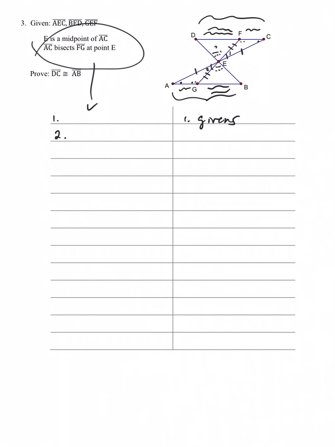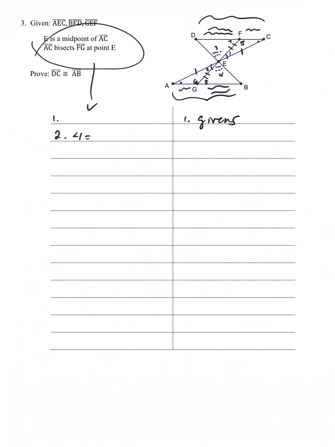I'll call this 3, 4. I'll name this angle 5, 6. Don't like the way that 6 looks. On your end, it just disappears. And then 7, 8.